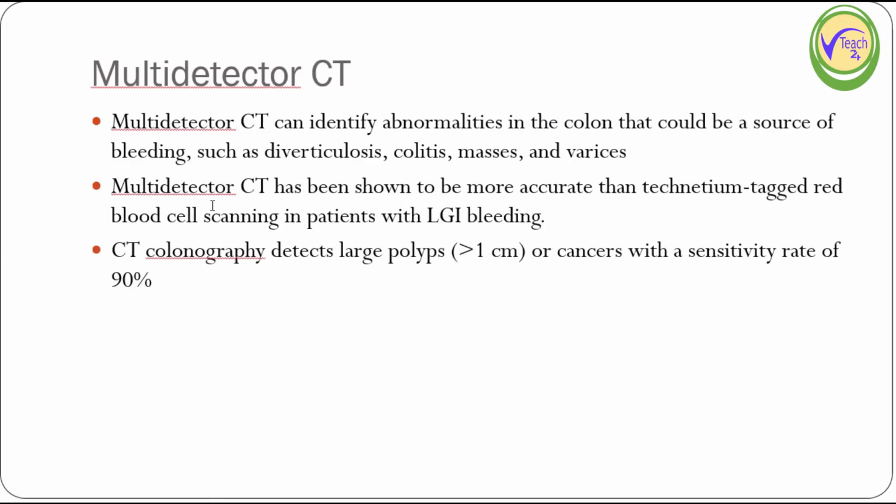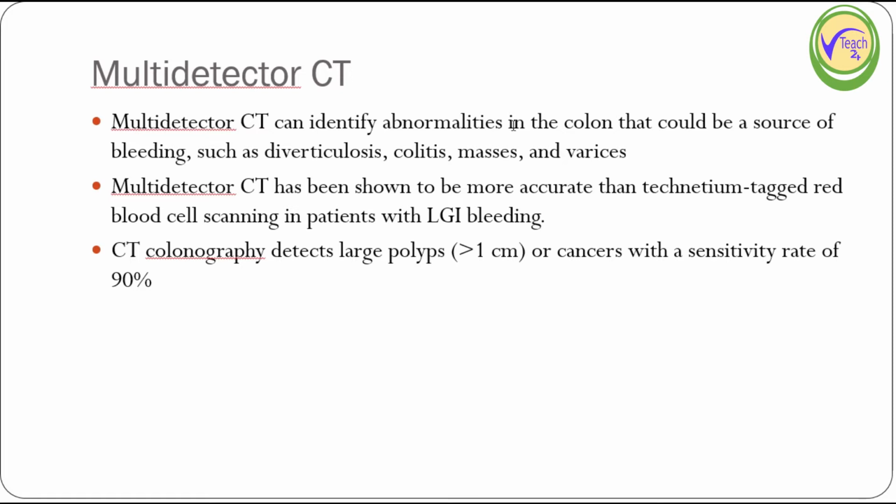Multi-detector CT scan, another modality. So you can think of different modalities, either diagnostic only or with the option of both diagnostic and therapeutic. Angiography has diagnostic as well as therapeutic effect. CT scan is only diagnostic.